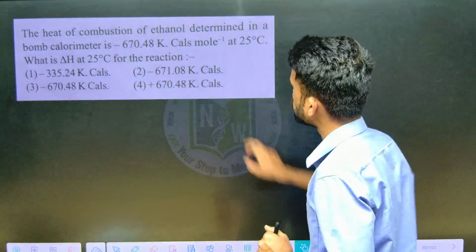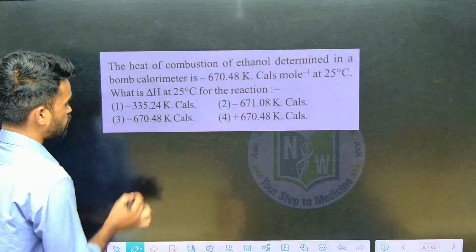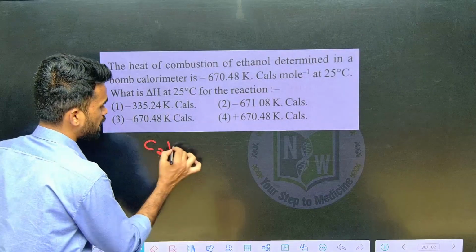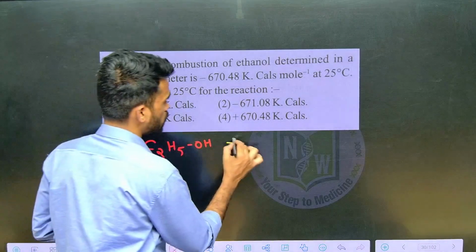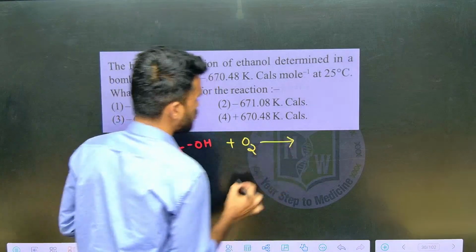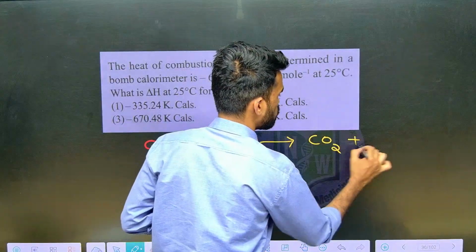See what this question is saying. The heat of combustion of ethanol. What is the formula of ethanol? C2H5OH. Upon combustion, ethanol produces carbon dioxide plus H2O, CO2 plus H2O.